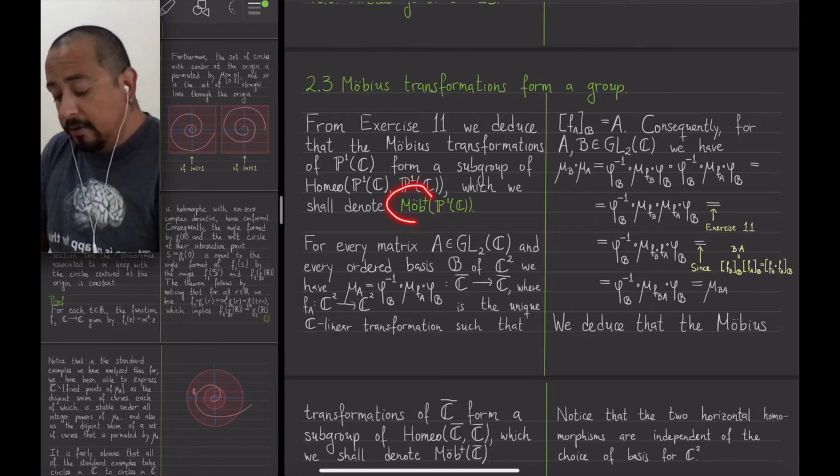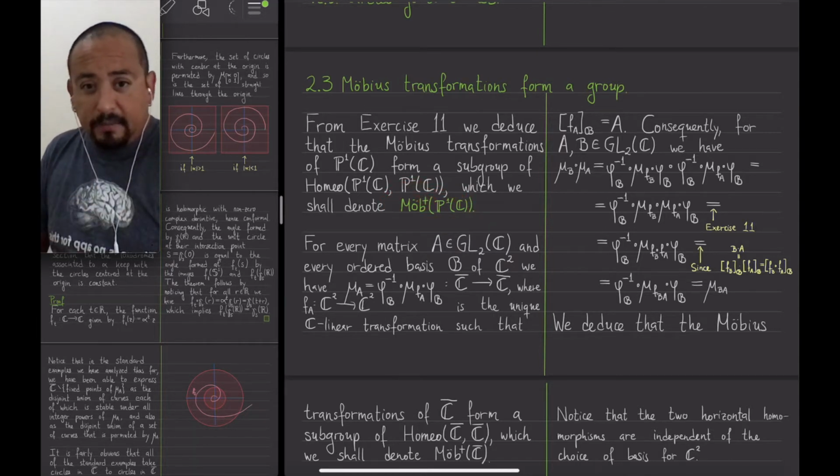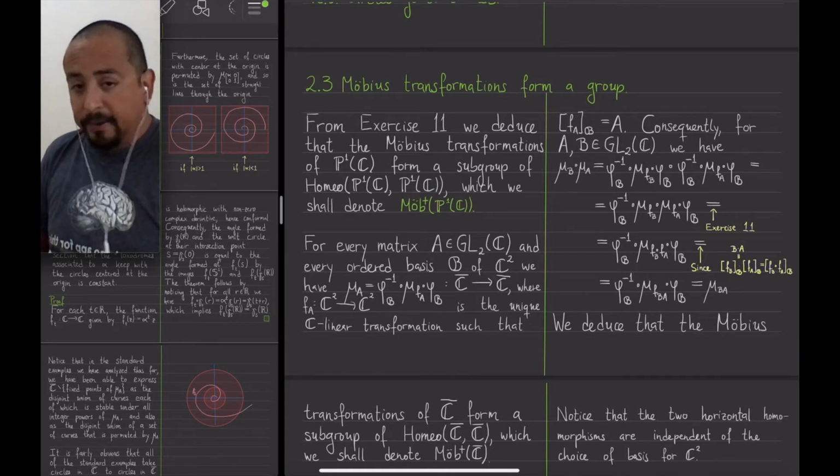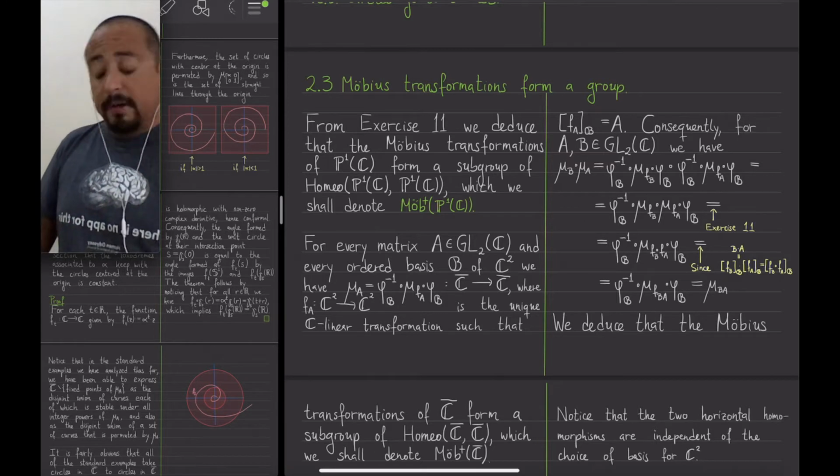I'm going to denote this group by Möb plus of P1C. The plus comes from the fact that Möbius transformations preserve the orientation, but for the moment I'm not going to say more about that.